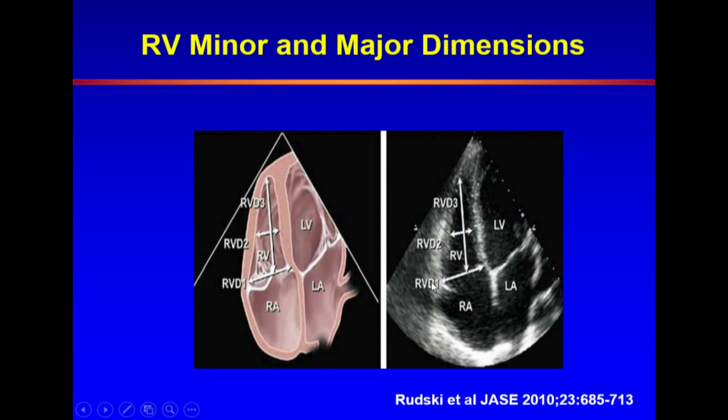The basal diameter, the upper limits of normal, 41 to 42 millimeters. Again, probably more accurate if you index that to the size of the individual. The mid-level, which is halfway through the RV, is about 35 millimeters. The upper limits of the normal long axis is 83. That obviously depends on whether you are able to visualize that whole long axis of the RV or not.